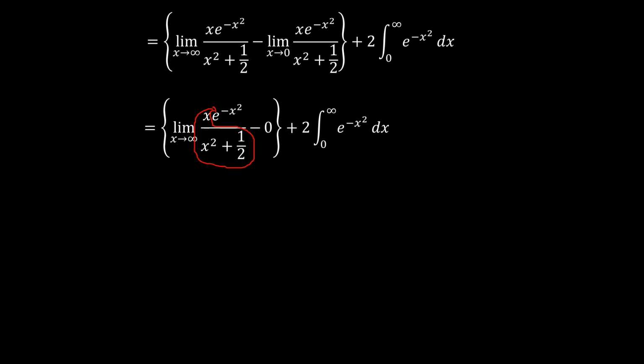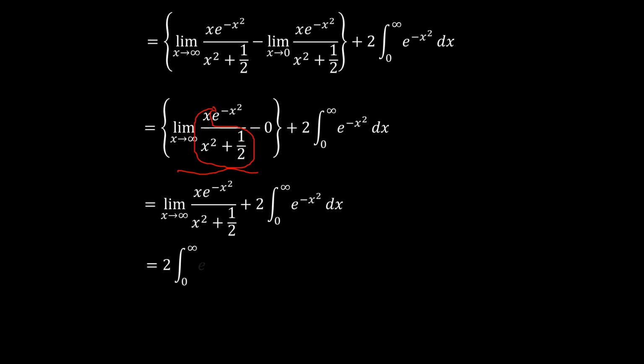When you consider this part alone, as x tends to infinity, x squared plus a half tends to infinity, so we can use L'Hopital, and with L'Hopital you get the first derivative of the numerator, which is 1, and this is 2x. So we have a 0 with this part, and then obviously this one also 0. So when x tends to infinity here, this part tends to 0.